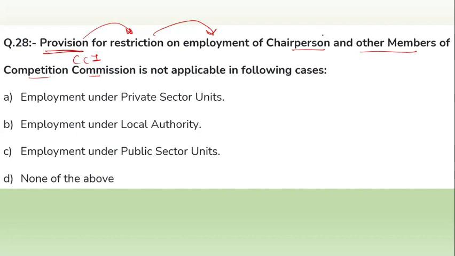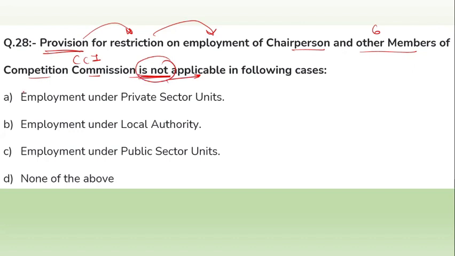In that case, you saw the chairperson and 6 members in the CCI. Now the question is, the provision restricting employment of the chairperson or the members of the commission is not applicable in the following cases.